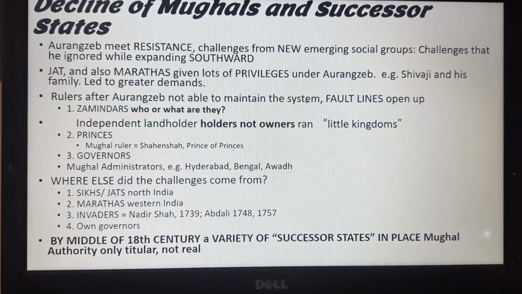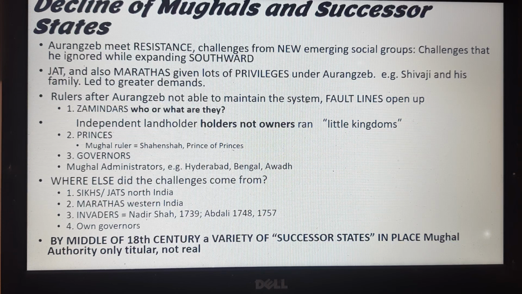Next is the decline of the Mughals and successor states. Aurangzeb met resistance and challenges from new emerging social groups, challenges that he ignored while expanding southward. So he was moving southward, and the Mongols attacked in Delhi. Again he had to move to Delhi, and again the people from South India attacked in the Maharashtra region where he was gaining control. Jats and Marathas had lost lots of privileges under Aurangzeb.